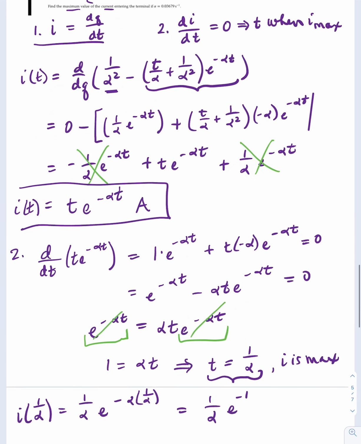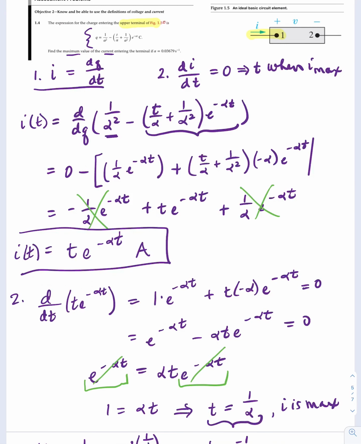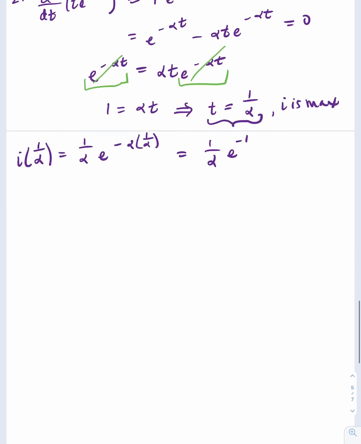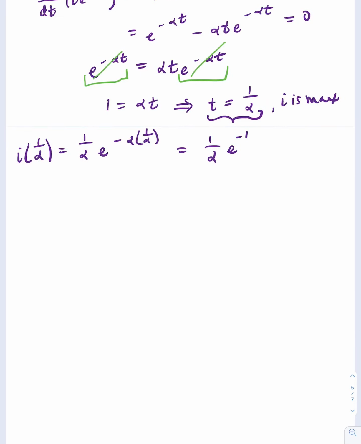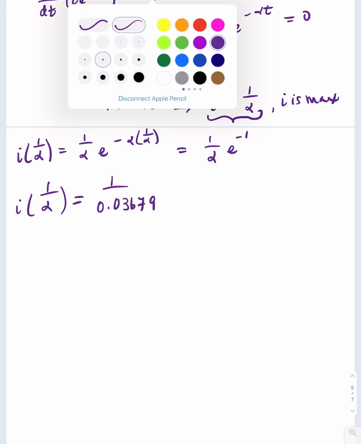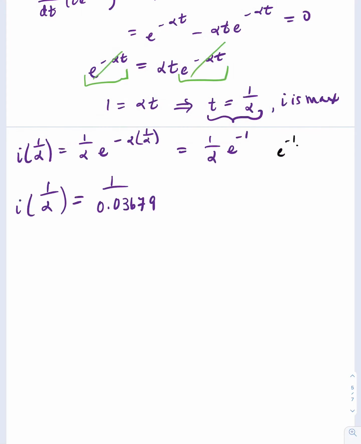All right, and the problem statement states that alpha is equal to 0.03679. So 1 over 0.03679, and e to the minus 1 is equal to 0.3679.